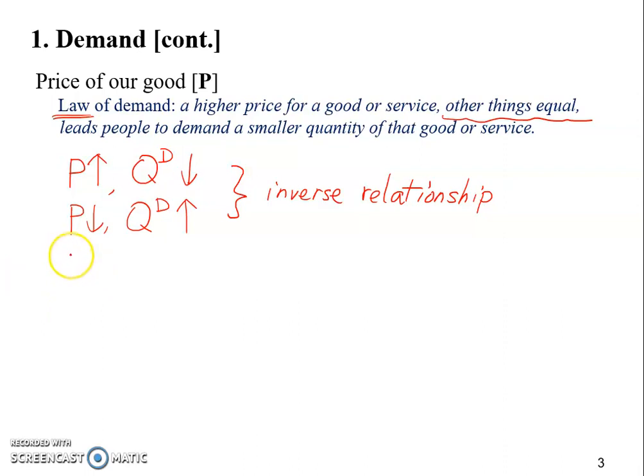Now, if you remember, in the previous example or video, we also drew a downward sloping demand curve, right? I'm not going to show you more details like the coordinates and numbers. So here the key is this downward sloping curve.